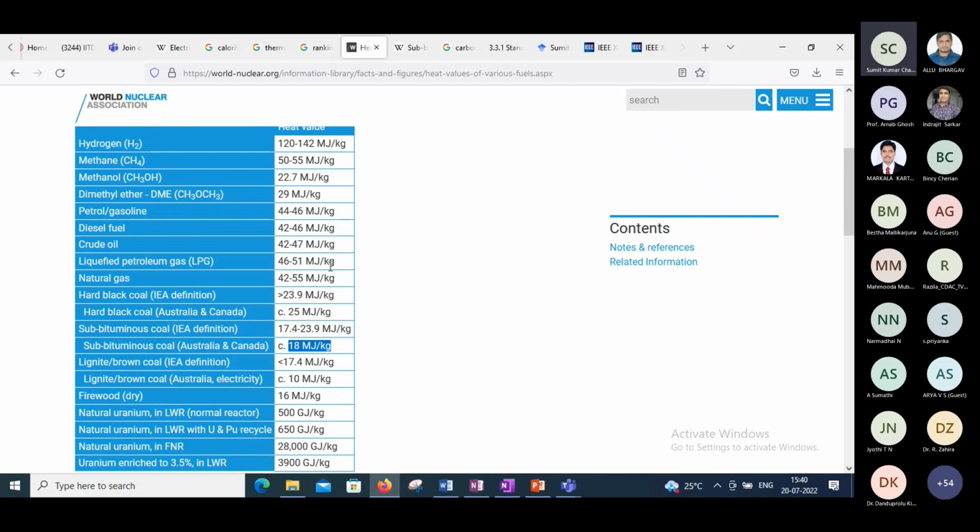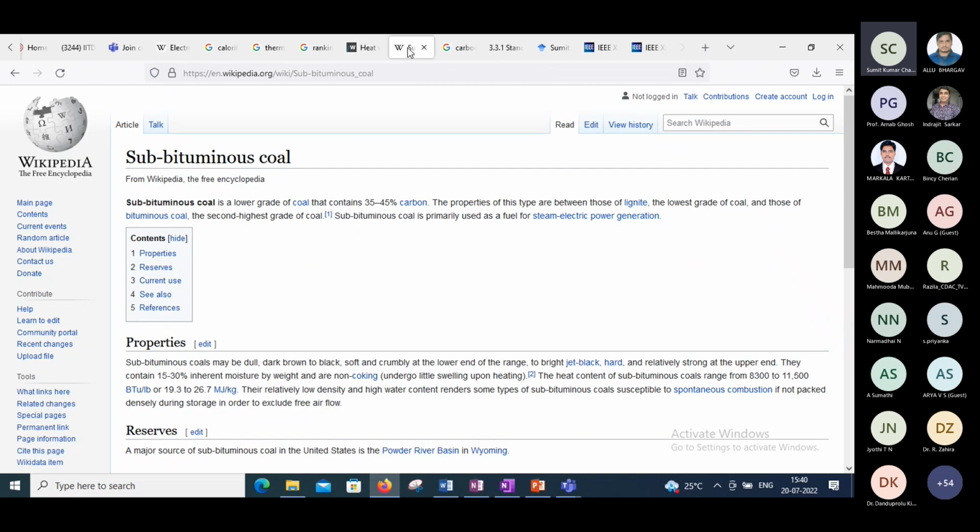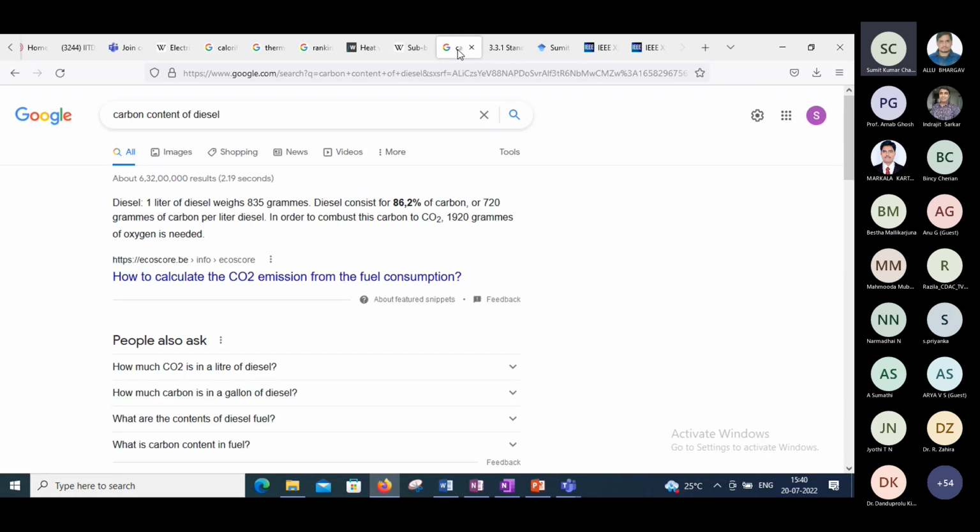So from that we can say, if we calculate, I calculated a few days back and kept all the data for your reference, we can find out that carbon emission is also going to be the same for both electric vehicle and gasoline vehicle or IC engine based vehicle.